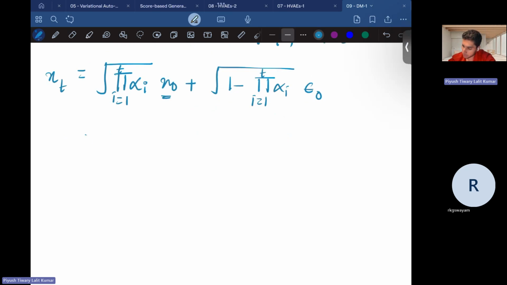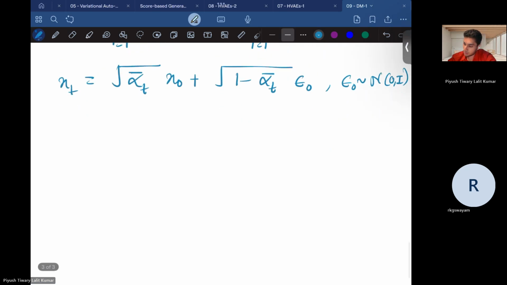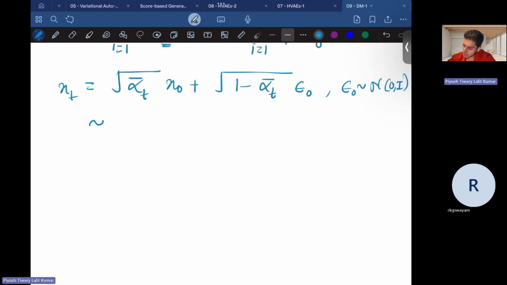And these products of alpha i's we call alpha bar. So this is square root of alpha t bar times x naught plus square root of 1 minus alpha t bar epsilon naught, where epsilon naught is some Gaussian 0, I. Now from here, you can say that x t is again a Gaussian random variable, because epsilon naught is a Gaussian random variable and you are just scaling and shifting it.